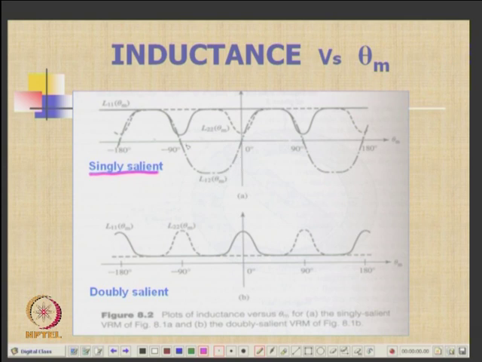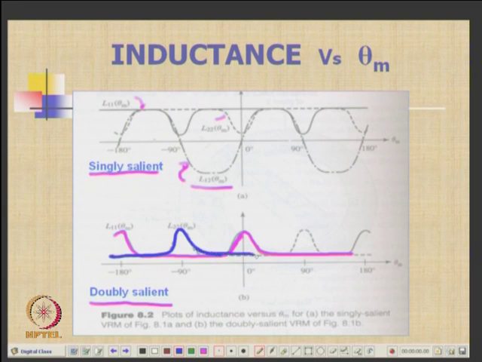So, this will be L11 of theta m and then L22, okay, and of course, L12 is the mutual. And if doubly salient, this will be L11 which will go like this and L22 which will go like this.